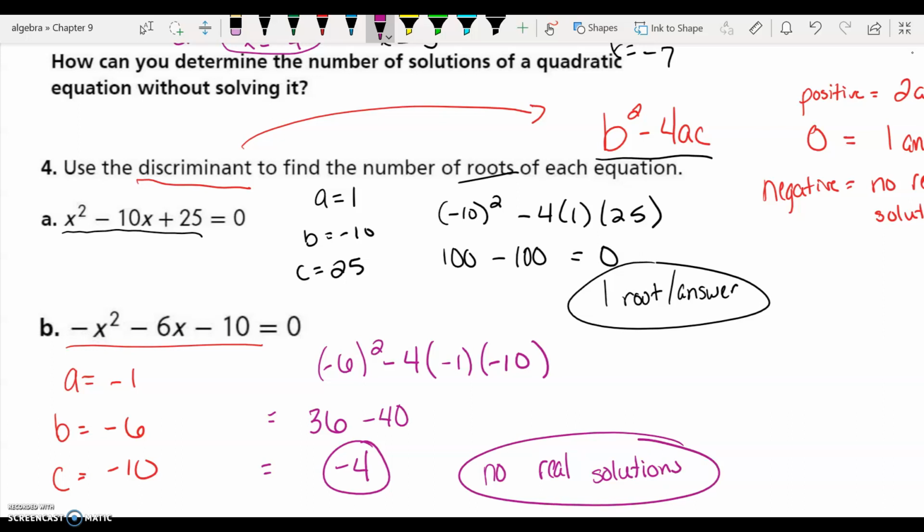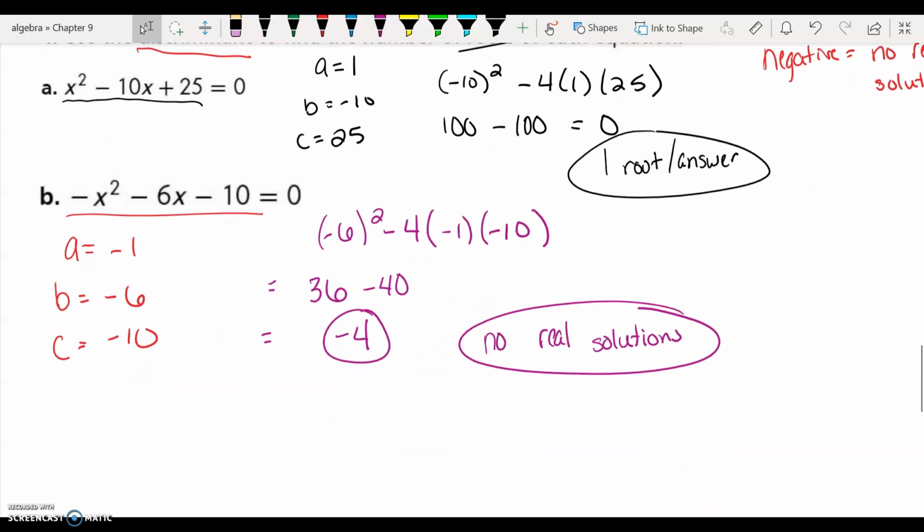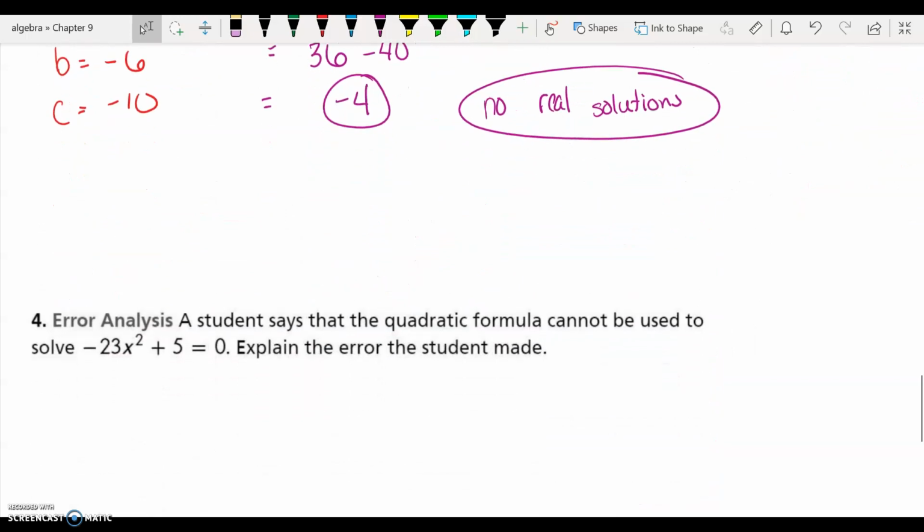Hopefully you got no real solutions. All right, so that's discriminant.